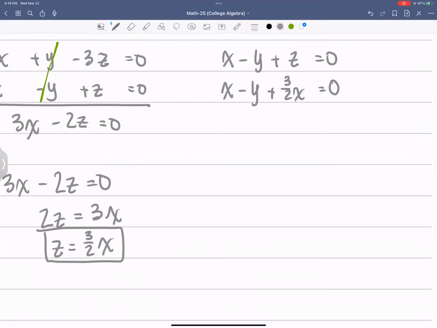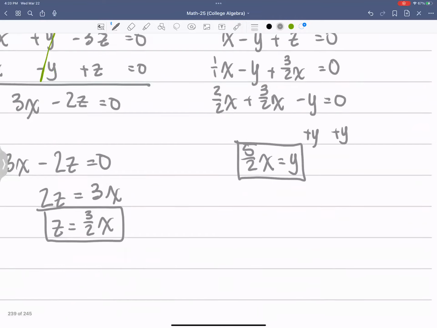So x is like 2 over 2 x, plus 3 over 2 x, minus y equals 0. Let's add y to both sides and add those two together. That gives us 5 over 2 x is equal to y.